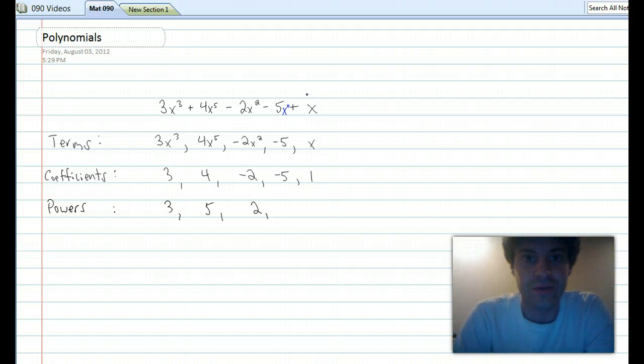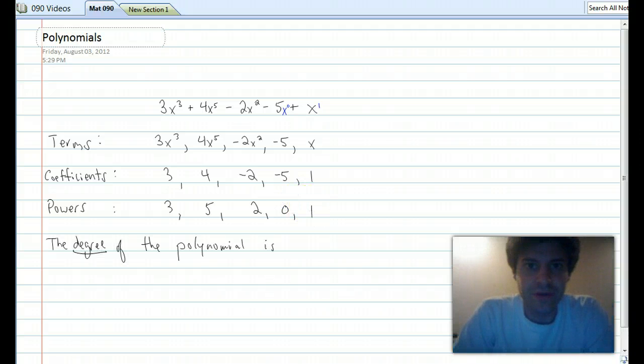X to the 0 power, of course, in previous videos we learned is just 1. So we actually consider our power on this term to be 0. And the power on the term that's just x, again, we could have a power of 1 here. X is the same thing as x to the first power. So we just consider the power on that term to be 1.